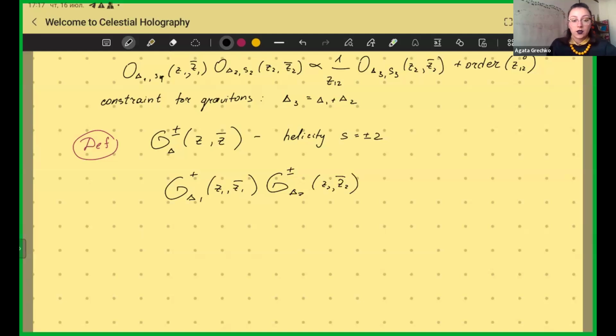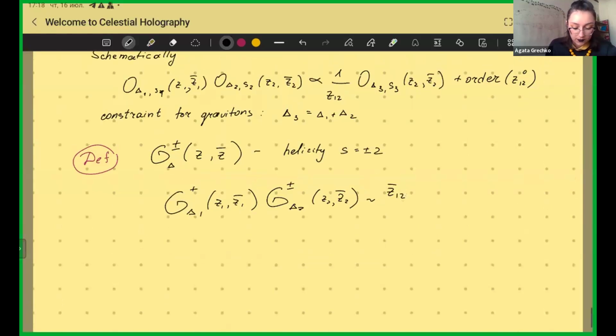Okay, and this will give us the OPE in the following form if we compute it directly.